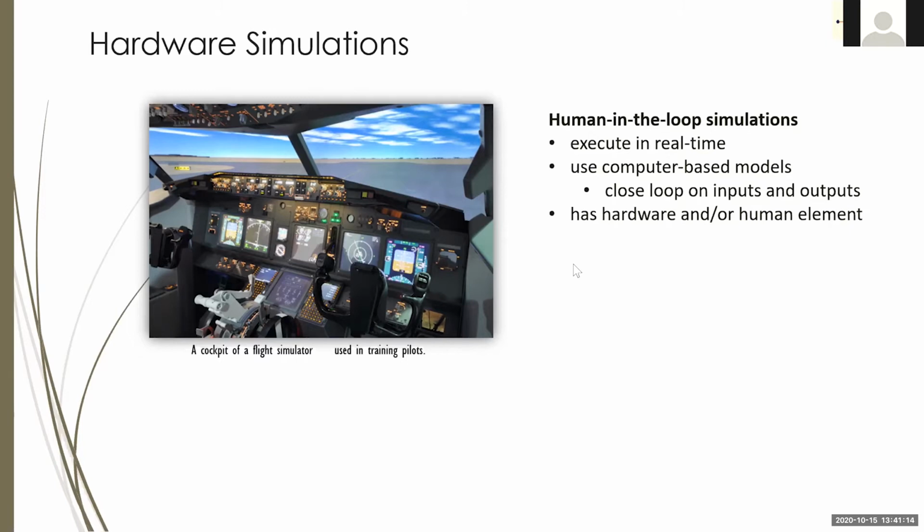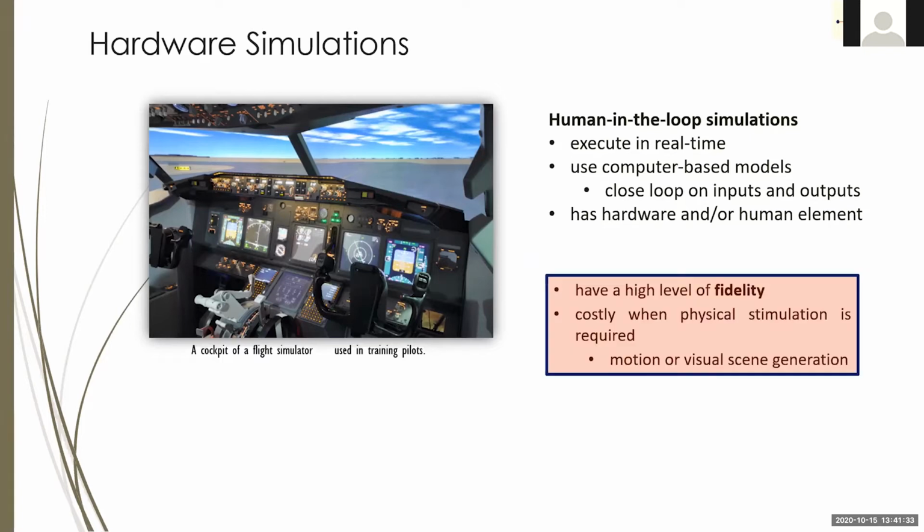So at UTEP, in the College of Engineering, we had the opportunity that Lockheed Martin has been bringing some of those hardware simulations every year. And it's really cool to see them and to have a chance to play with them. So what about those simulations?